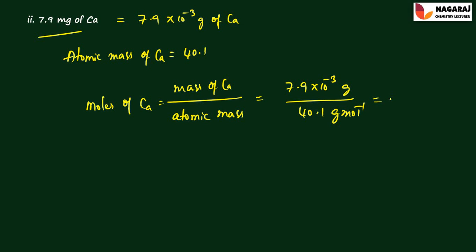So on simplification, it gives 1.97 into 10 to the power minus 4 moles, right? So this is the method to calculate the number of moles in the given mass of the elements.